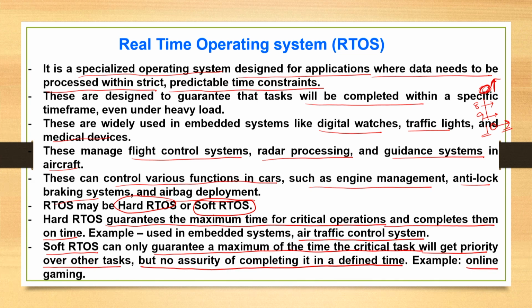So, examples are online gaming and video conferencing, because if there is a delay of seconds, then it is not going to harm anything. But in the case of a hard real-time operating system, if there is a delay of a given operation, then it is going to cause harm.